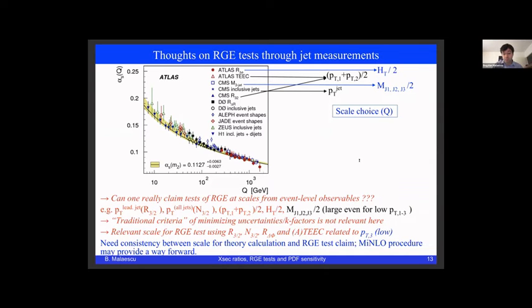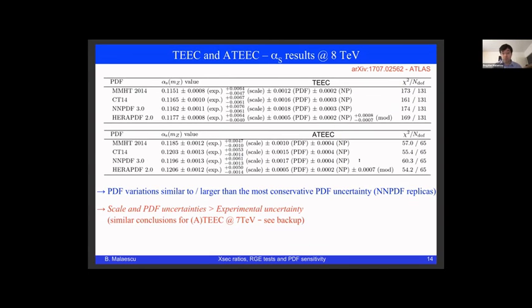So I'm switching now to the second topic again, the one with the PDF sensitivity. Going back to this transverse energy correlation and the asymmetry, I show here the alpha S results at the Z scale obtained from the two observables for various different PDF sets. If you look here, there's a column corresponding to the PDF uncertainties.